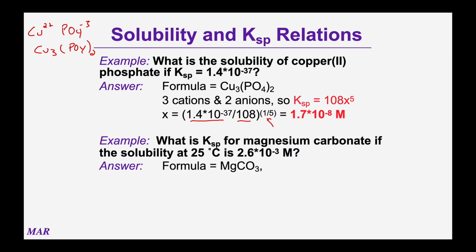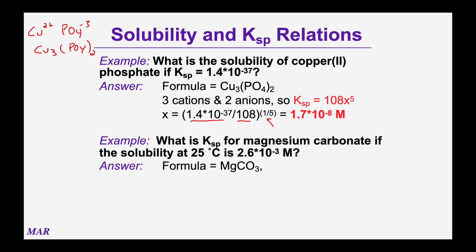Here's another problem. What is the KSP for magnesium carbonate if the solubility is 2.6 times 10 to the minus 3? Now, magnesium is a positive 2 alkaline earth metal, carbonate a polyatomic ion, CO3 2-. This is a 1-to-1 ratio, 1 magnesium for every 1 carbonate.